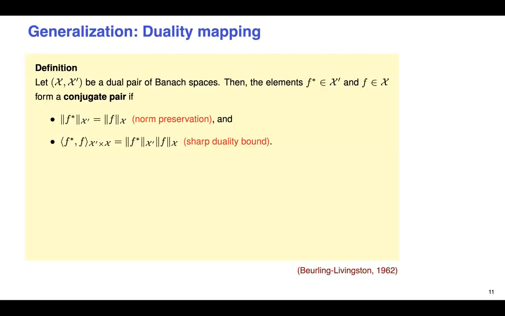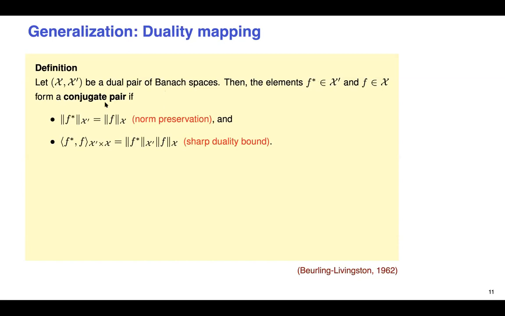And actually this brings us to a generalization. This generalization was proposed by Beurling and Livingston, the notion of duality mapping. It's making this stuff that is well known for Hilbert spaces work also for Banach spaces. So if we have a dual pair of Banach spaces, then you can consider two elements: an element F in the Banach space, and an element F star in the dual of the Banach space.